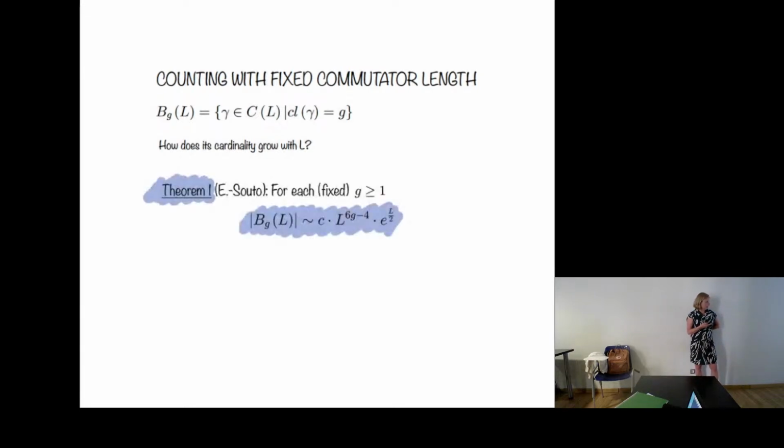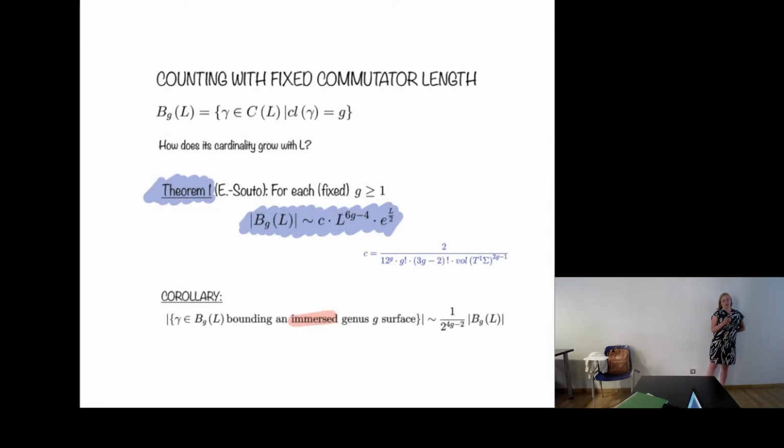We prove that for each G, we get this asymptotic growth, where C is a constant. You might not be able to see what that says, but the only thing that's important is what C is, and it's just a topological constant. It depends on the genus G and on the topology of Sigma. So it's some constant.